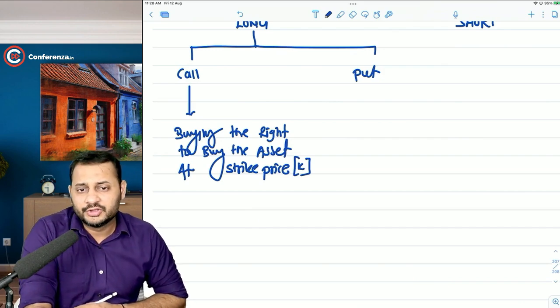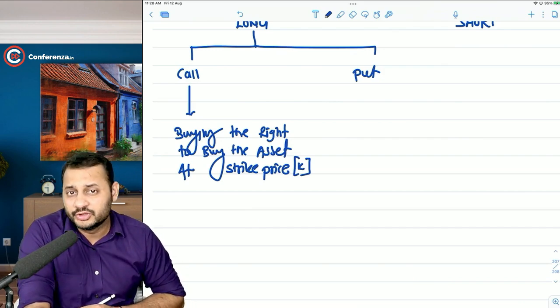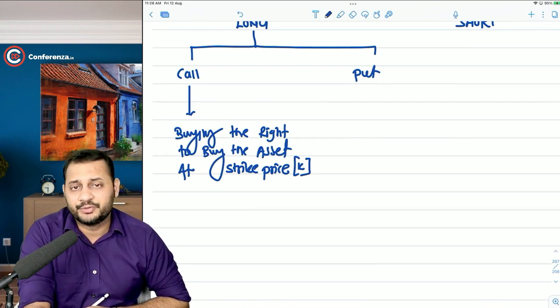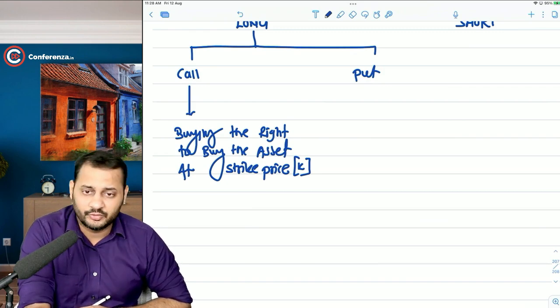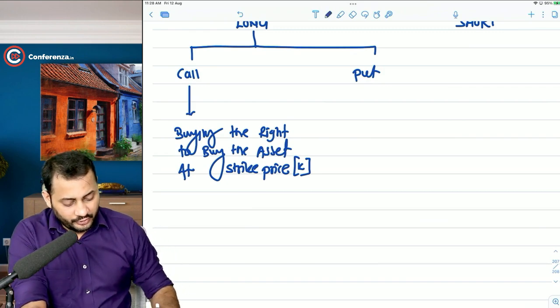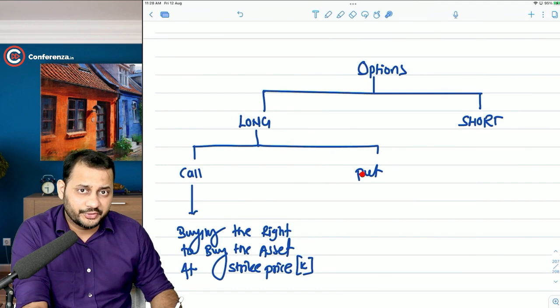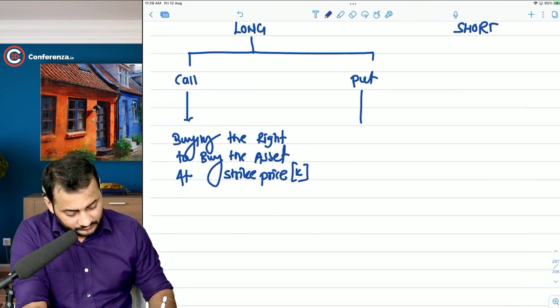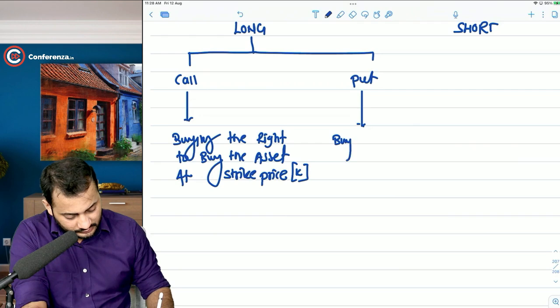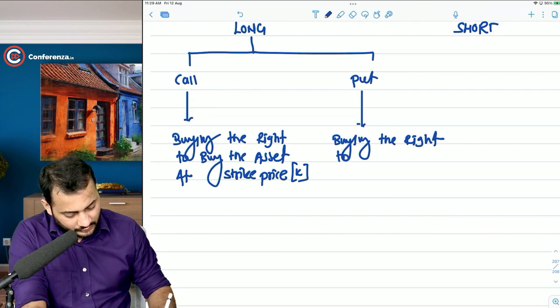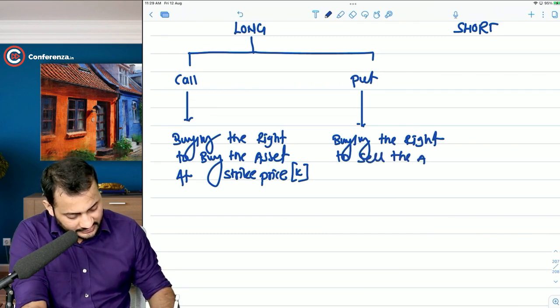In the forward and futures, we used to denote it by forward and futures price F. In the options contract, it is the same thing, but we are going to denote it by K, strike price. If you want to buy the option, but you want to buy a put option, that means you are buying the right again to sell the asset at strike price.